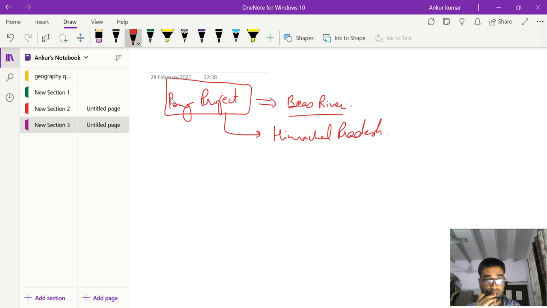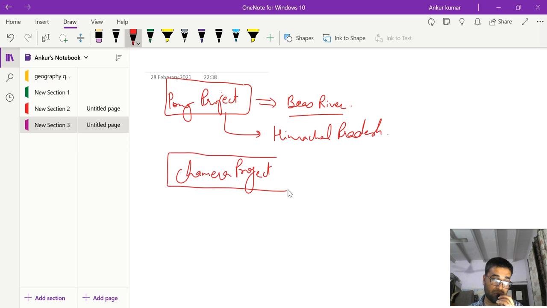Now moving on to the next project, that is the Chamera Project. It is built on the Ravi River, not Beas, Ravi River, and is present in Himachal Pradesh.